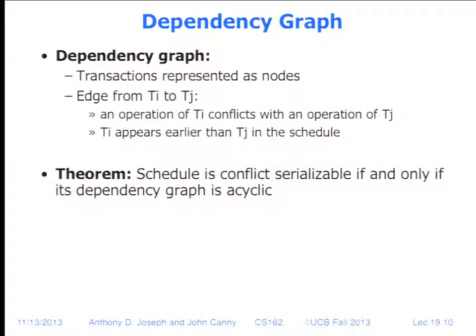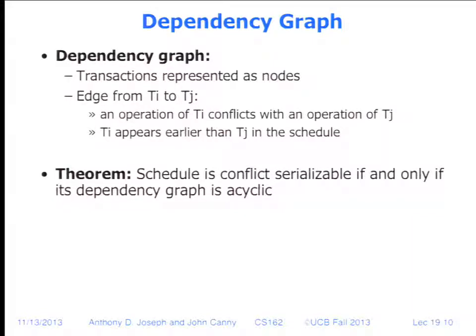So the dependency graph consists of edges from one transaction to another. And the edges are added whenever you have an operation from Ti that conflicts with an operation of Tj, and Ti appears earlier than Tj in the schedule. Okay, and you can see it's basically the generalization of the argument I just made.